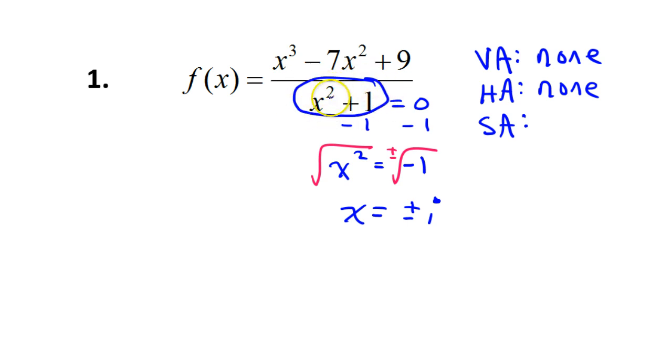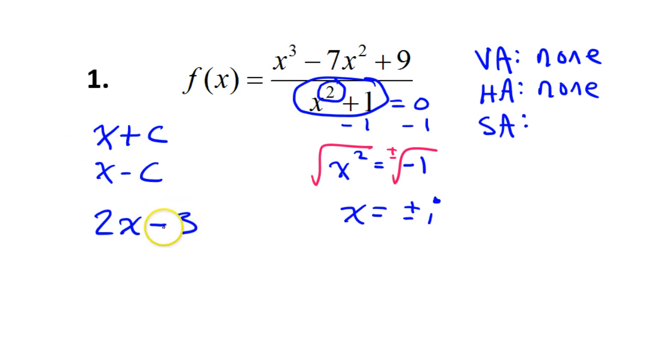The answer is no. You can't do synthetic division when it is squared. You're only going to do synthetic division when you have, like, x plus a number or x minus a number. That's about it. Technically, you could do it if you had anything linear, like 2x minus 3. But it's more of a hassle than it's worth, and you might as well do long division.